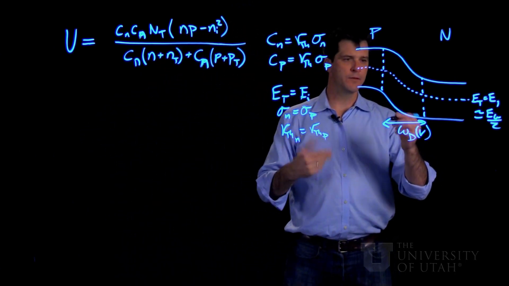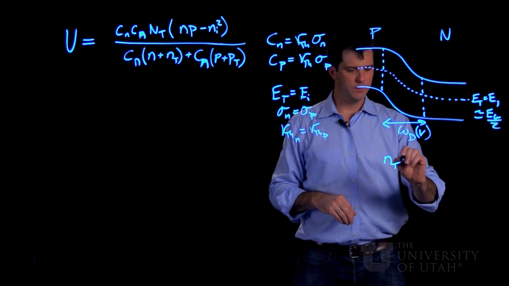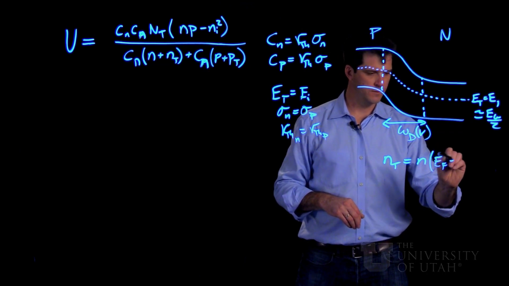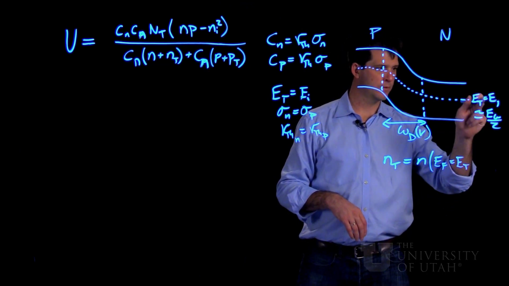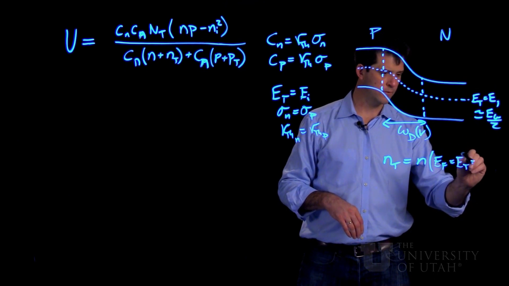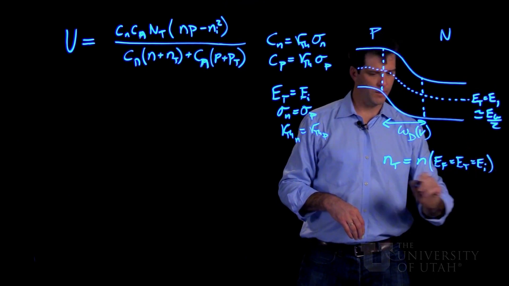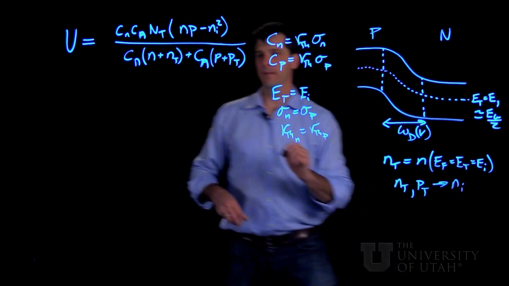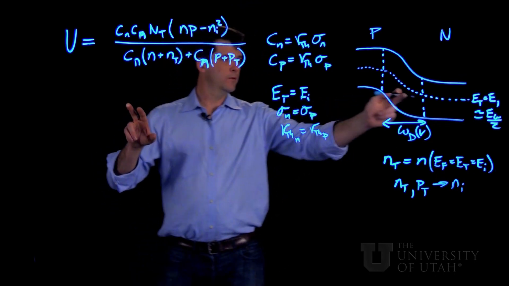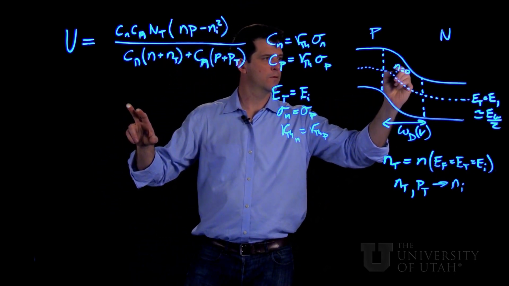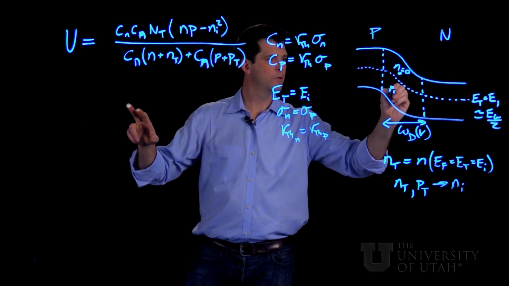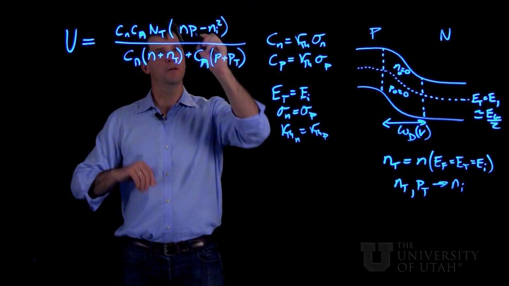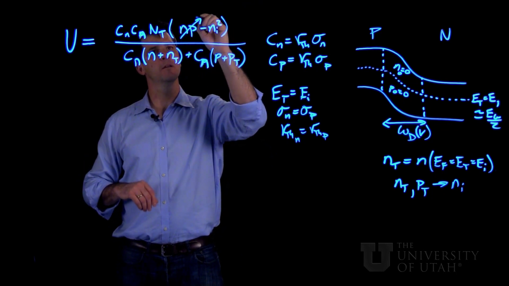Remember, our definitions of N trap and P trap are n when EF equals E trap, and under this assumption that's in the middle, at the intrinsic level, so Nt and Pt both become Ni. Furthermore, inside the depletion width, n naught equals 0 and p naught equals 0. So if we assume low injection also, these can go away.